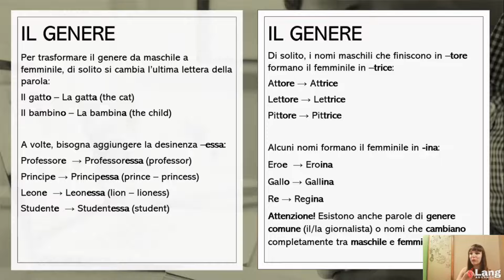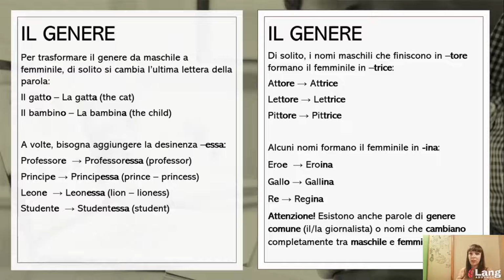I put for you a few exceptions. You can see 4 words on the left side: professore, principe, leone, studente. They are all masculine words ending with E, so they are already exceptions. As you can see, they change into professoressa, principessa, leonessa, studentessa.